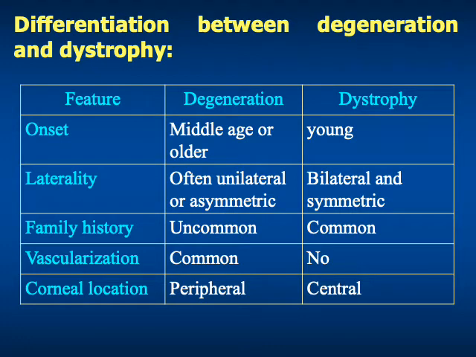There is uncommon family history in degeneration, but it's common in dystrophy. Vascularization is common in degeneration, but not common in dystrophy, and it occurs in the peripheral part of the cornea in degeneration, but it's central in dystrophy.